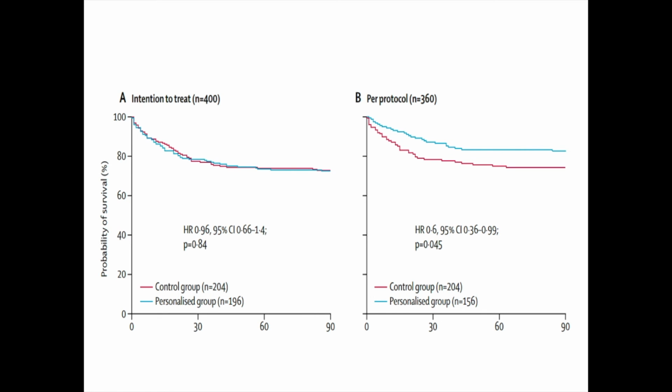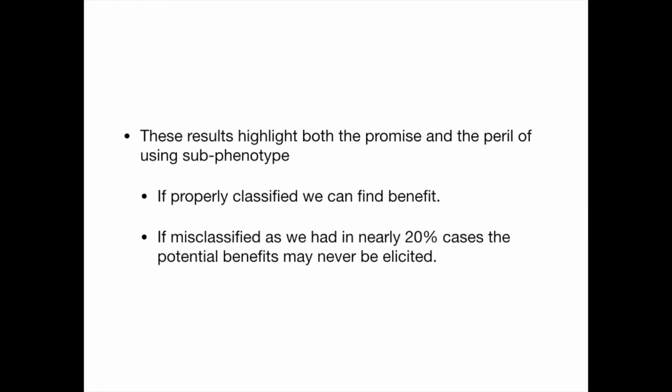On intent to treat analysis, that is including the patients who were misclassified, we do not find any difference in survival. But if we look at the per protocol analysis, where we exclude these misclassified patients, then we find significantly improved survival in patients who were given personalized therapy.